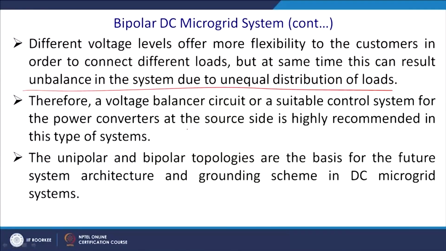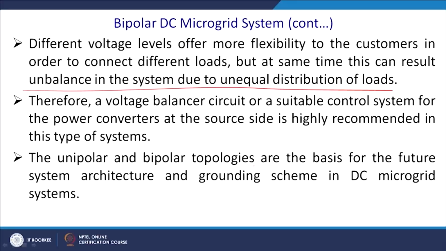That is one of the disadvantages of it. Therefore, a voltage balancer circuit or a suitable control system of the power converter at the source side is highly recommended for this type of system. So, you require to provide that equalization, otherwise you have a floating problem, we generally say.